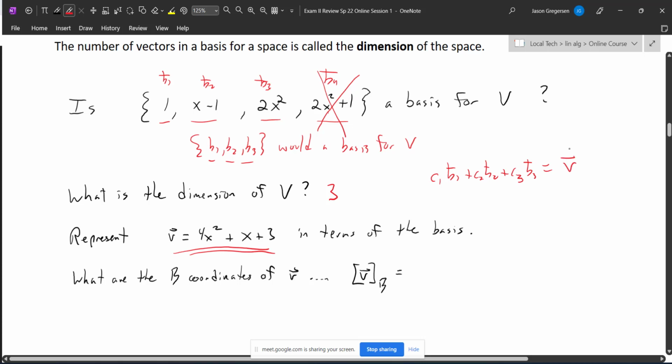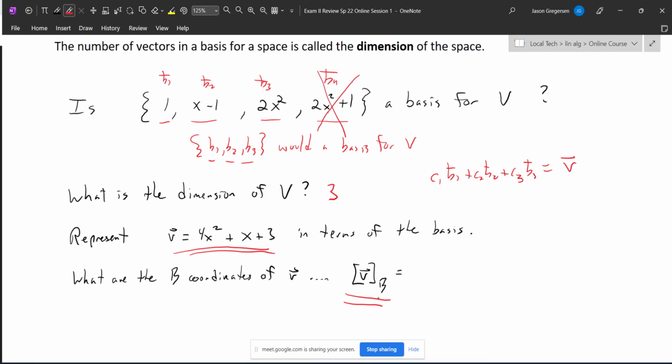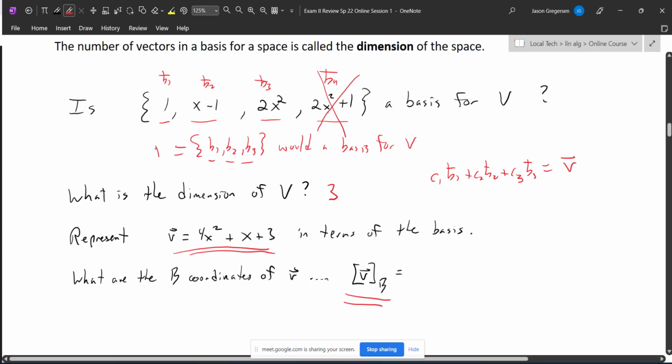And in that case, I should be able to find the coordinates of v in terms of the beta basis. So next question, go ahead and calculate these coordinates and type those into the chat. What are the coordinates of v in the beta basis? And I'm going to call this my beta basis.